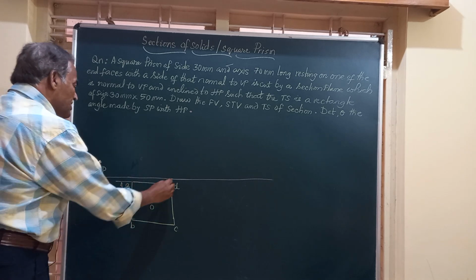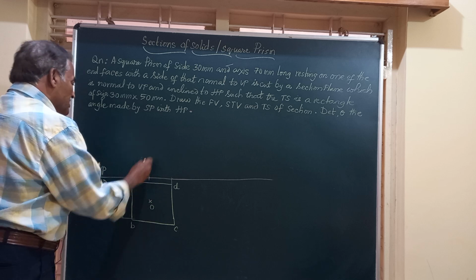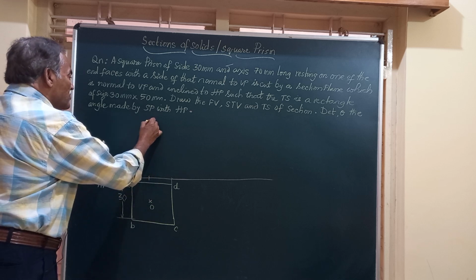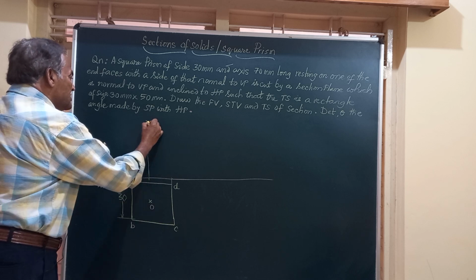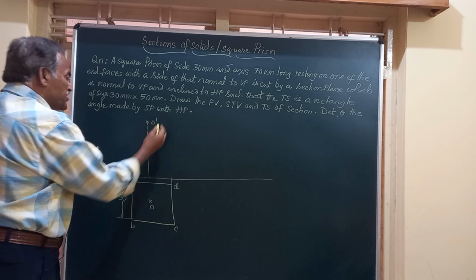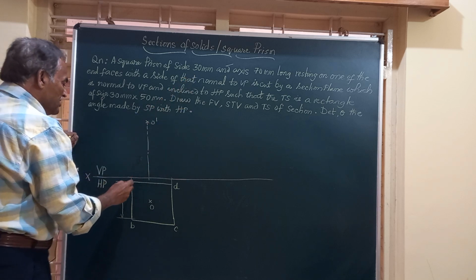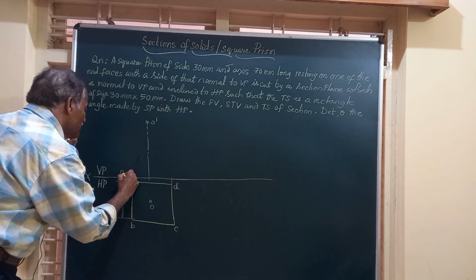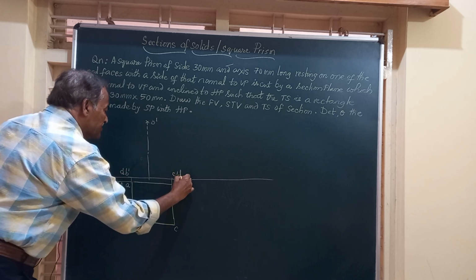Let's obtain the front view of the solid by projecting these edges and the axis. We will call this O dash. O dash is the center of the top face. Join that to A dash, B dash, and C dash, D dash.